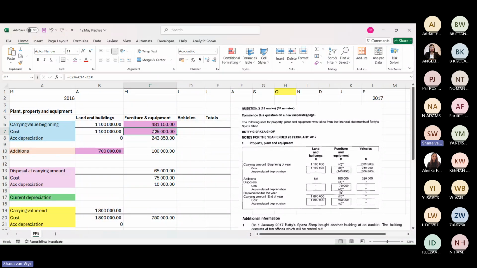So in order to get the value that I had in the beginning, I need to work backwards. I'm starting with my end value. Then what you got rid of, you're going to add back now because you're working in reverse. And then what you added, you're going to subtract because you didn't have it yet in the beginning. And then you get your initial cost at the beginning.